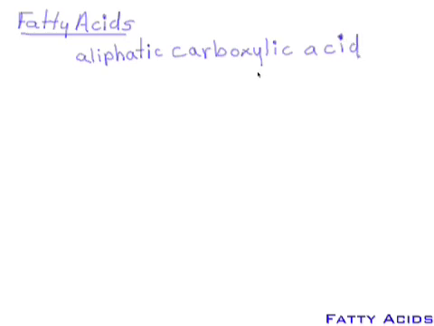Aliphatic simply means straight chain. An aliphatic carboxylic acid possesses a long unbranched chain of carbon atoms. They usually have an even number of carbon atoms, somewhere in the range of 14 to 22 carbon atoms.